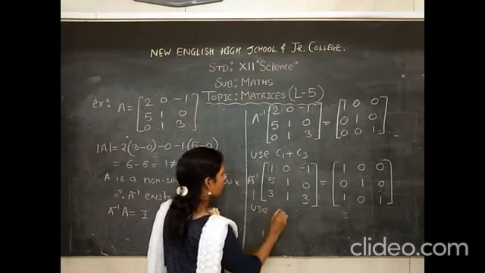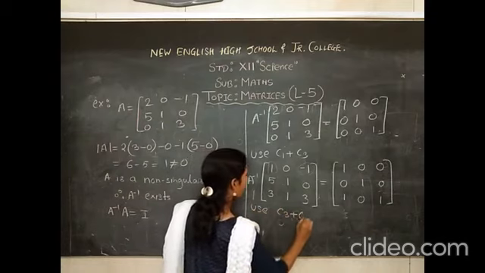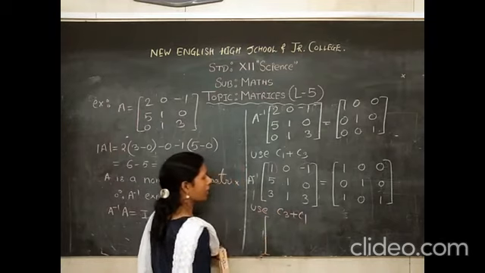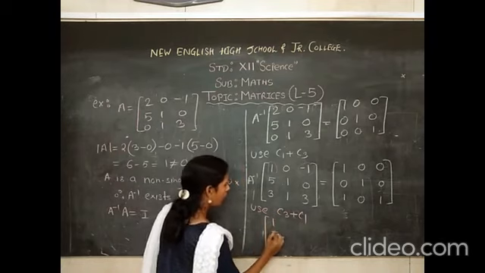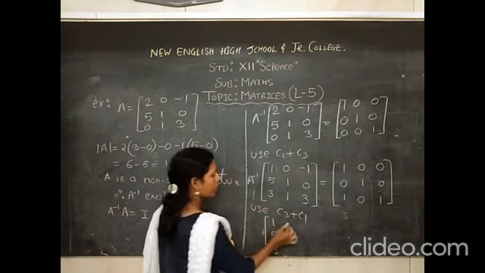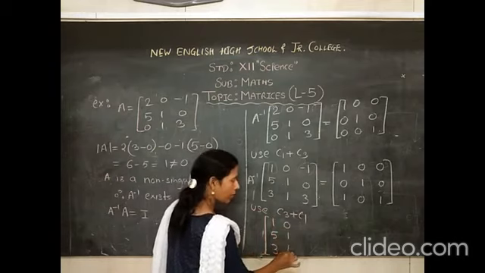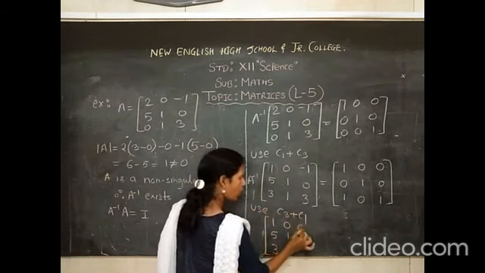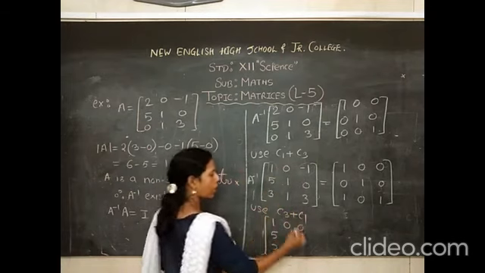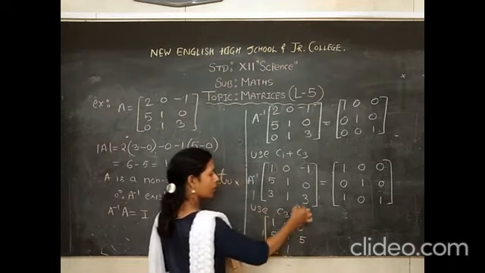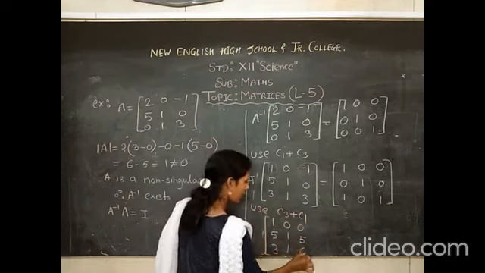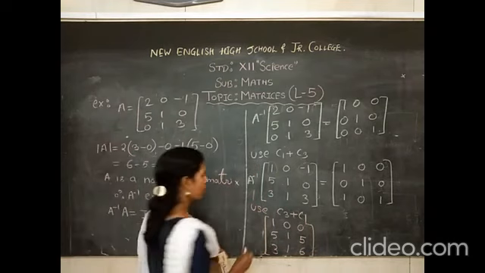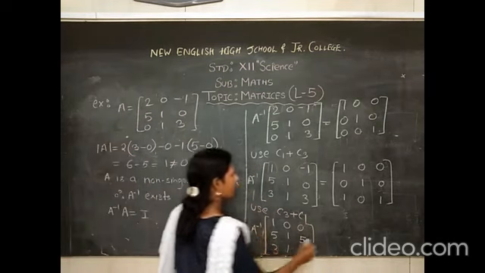Then C1 and C2 will remain as it is: 1, 5, 3. 0, 1, 1. C3 plus C1: minus 1 plus 1, that is 0. 0 plus 5, that is 5. 3 plus 3, that is 6. Okay? It is inverse equals to.